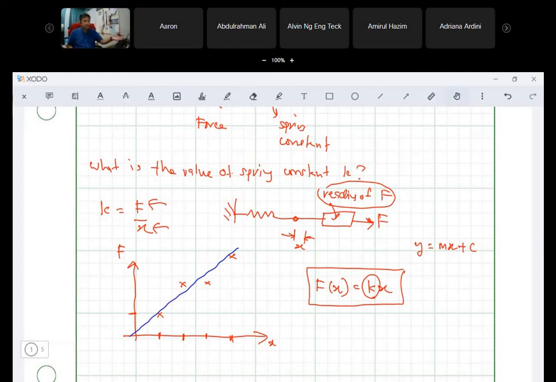Why is it not a straight line there? Why is it not a straight line? Any thoughts? Why is the set of points that I just plotted not constructing a straight line? Why do you think it is not a straight line?